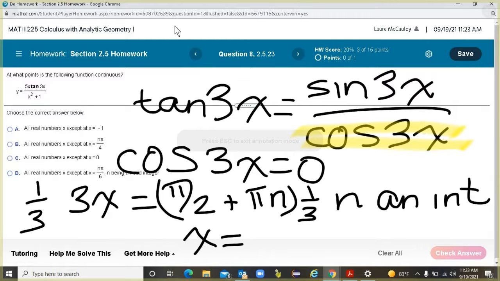So we get that x is equal to pi over 6 plus, instead of multiples of pi, multiples of pi over 3. So anywhere that it's pi over 6 plus any multiple of pi over 3, we're going to have a problem.